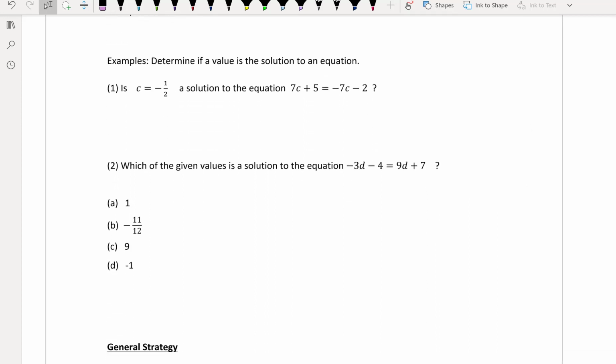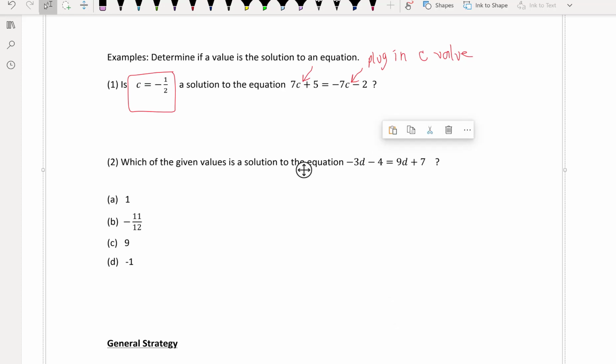It says determine if a value is the solution to an equation. So we want to know if when c is equal to negative 1/2, we plug it in to the c variable. So we are going to write this down.